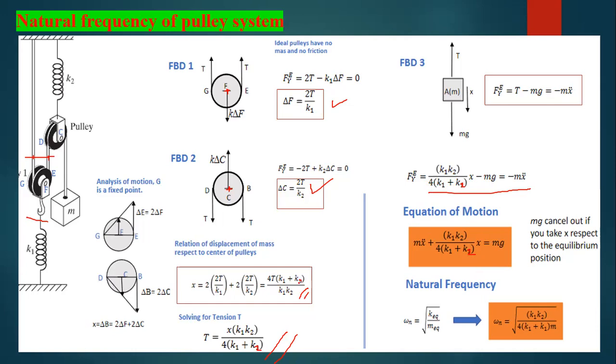Yeah, it is k2 here. Again, here it is k2. So solving, finally we get omega n equals this, because this is our equivalent stiffness.